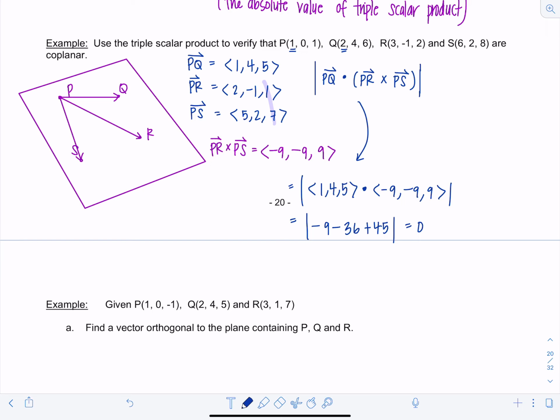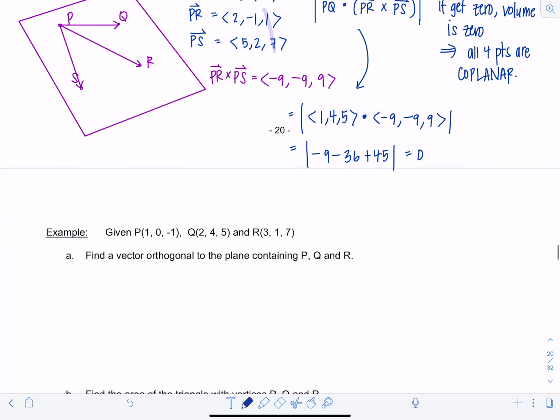And as we said, if we get 0, that means the volume is 0, which implies that all 4 points are coplanar. Okay, fantastic.